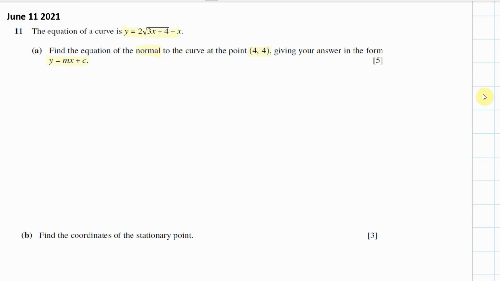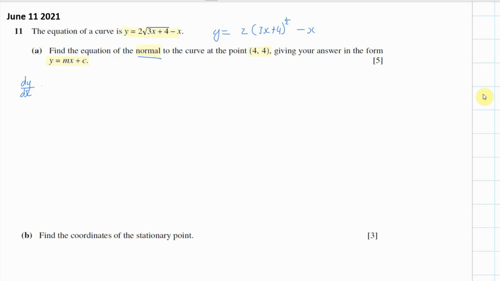So I'm going to rewrite y as 2 bracket 3x plus 4 to the power of 1/2 minus x, and then therefore dy/dx. I'm first finding the gradient function. That'll help me to be able to find the gradient of the normal.